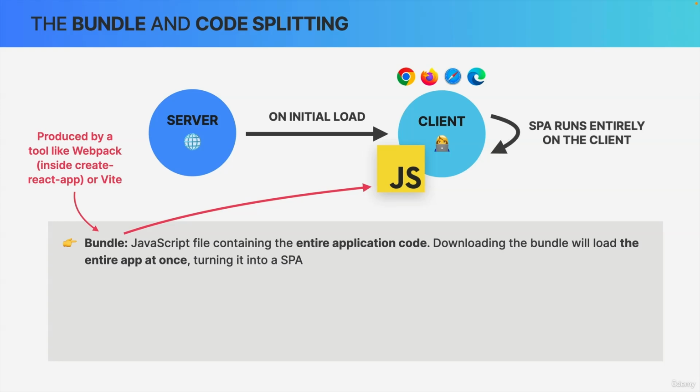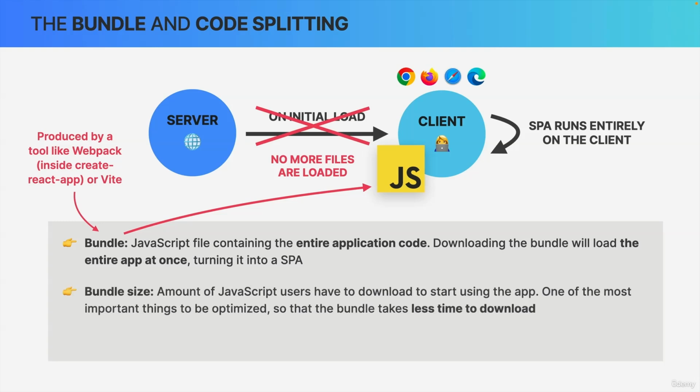So whenever the URL changes in the app, the client just renders a new React component, but without loading any new files from the server, because all the JavaScript code is already there in the bundle. Now, the bundle size is of course the amount of JavaScript code that every single user needs to download in order to start using the application.